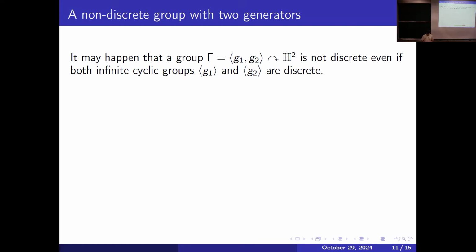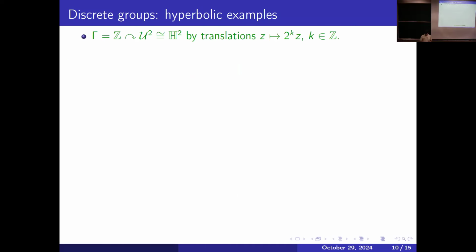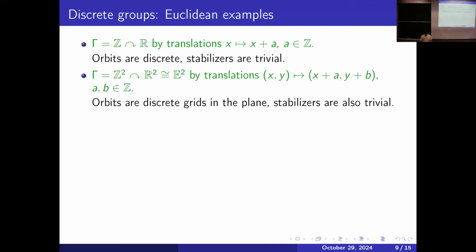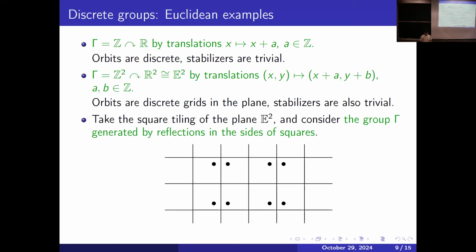The only point is that, on this picture, I don't have this picture, but assume that you have this square tiling, but instead of square tiling, you will get parallelogram tiling, and then your group Z squared will be generated by translations with respect to another choice of basis vectors. That's basically the difference. But it'll always be discrete.